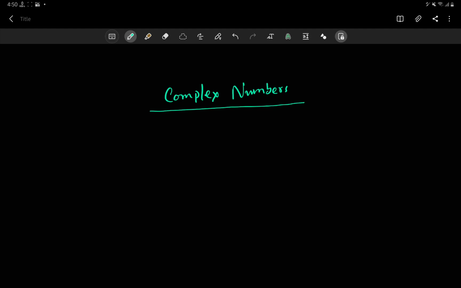But before that, I need to tell you something: here we actually use small letter j, as root over -1, instead of i, because we actually use i for current a lot here. So that's why we are going to use square root of -1 and denote this by j.